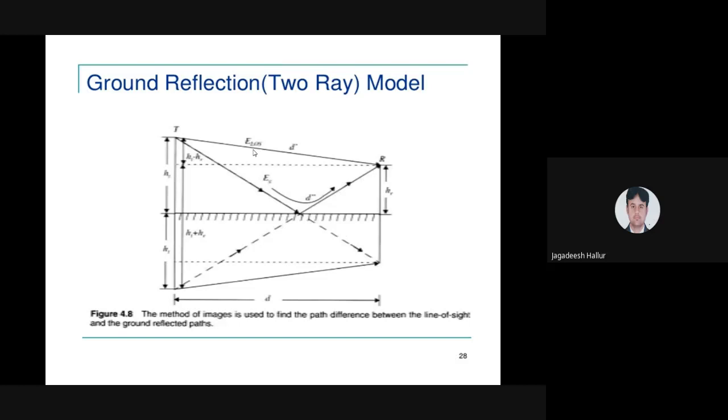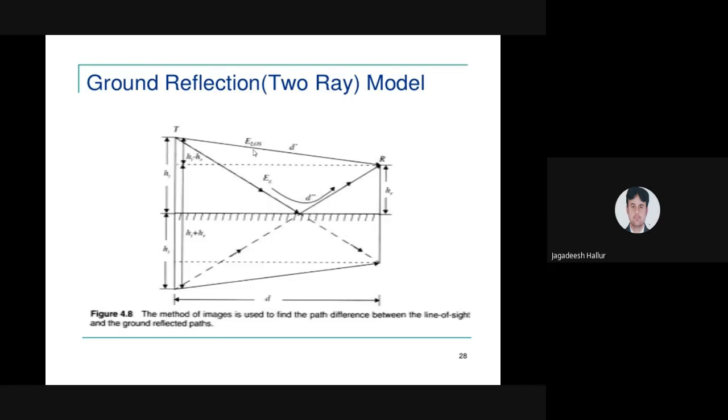The ground reflected height is ht plus hr. If you want, you can write it. For a direct line of sight, the height is ht minus hr, and the height for a ground reflected wave is ht plus hr.